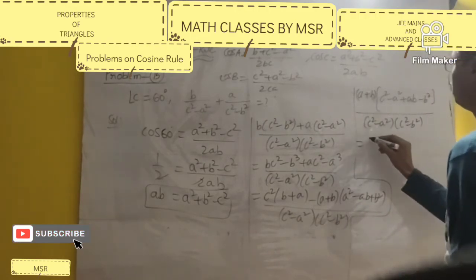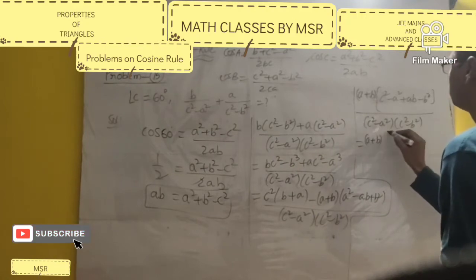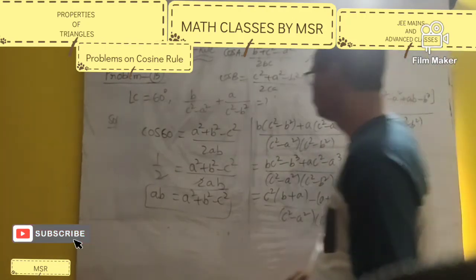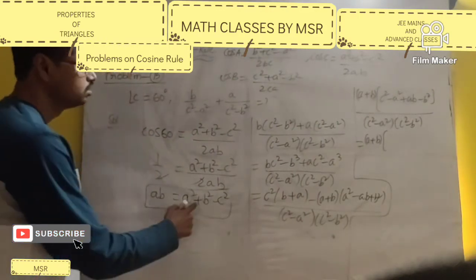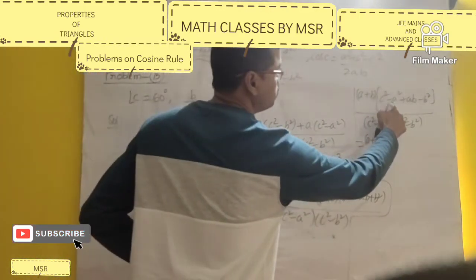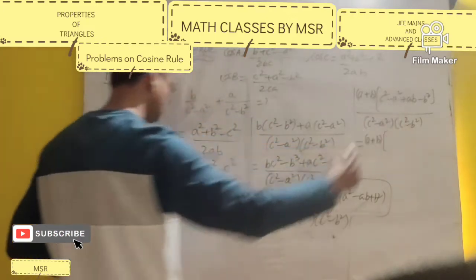Now you observe A plus B into C square minus A square value.